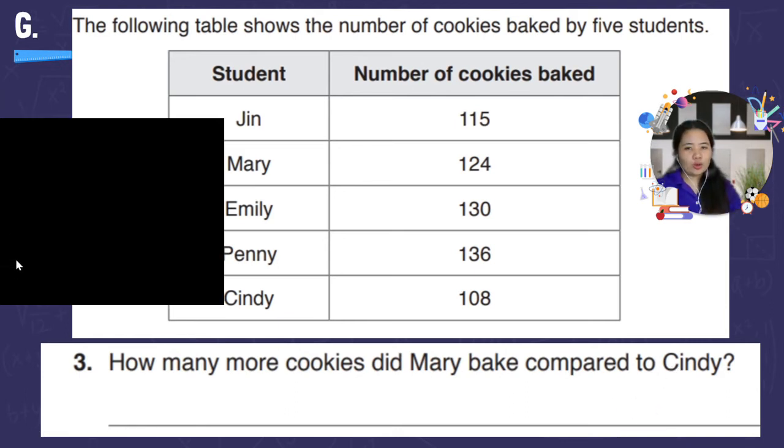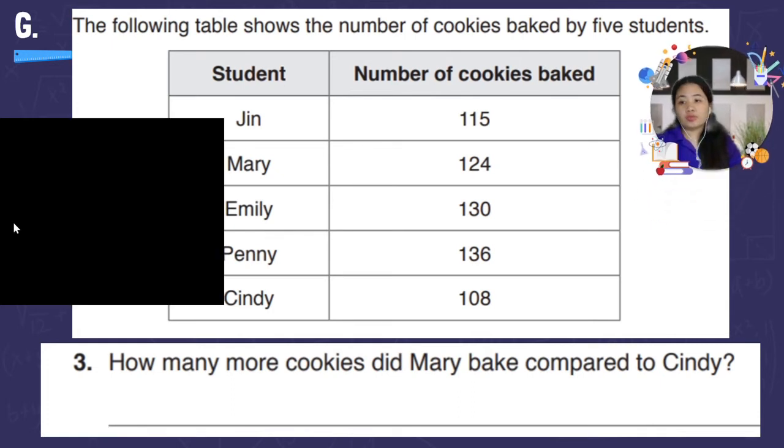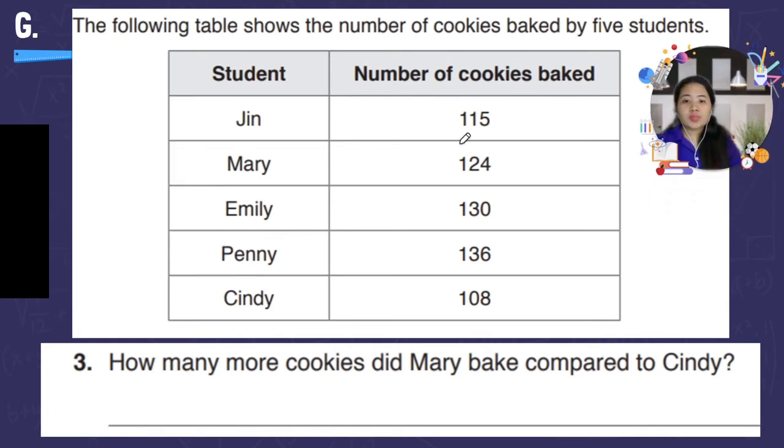So let's solve. Mary has 124 and Cindy has 108. So we have to minus 124 minus 108. So 4 minus 8 cannot. So we have to borrow from 2. This will become 1 and this will become 14. 14 minus 8 is 6.